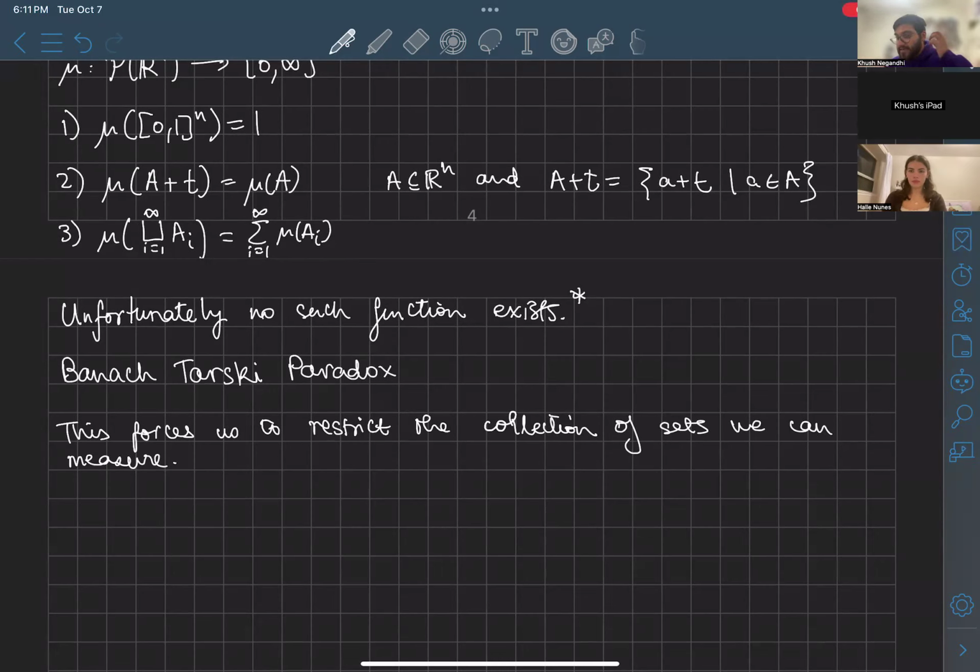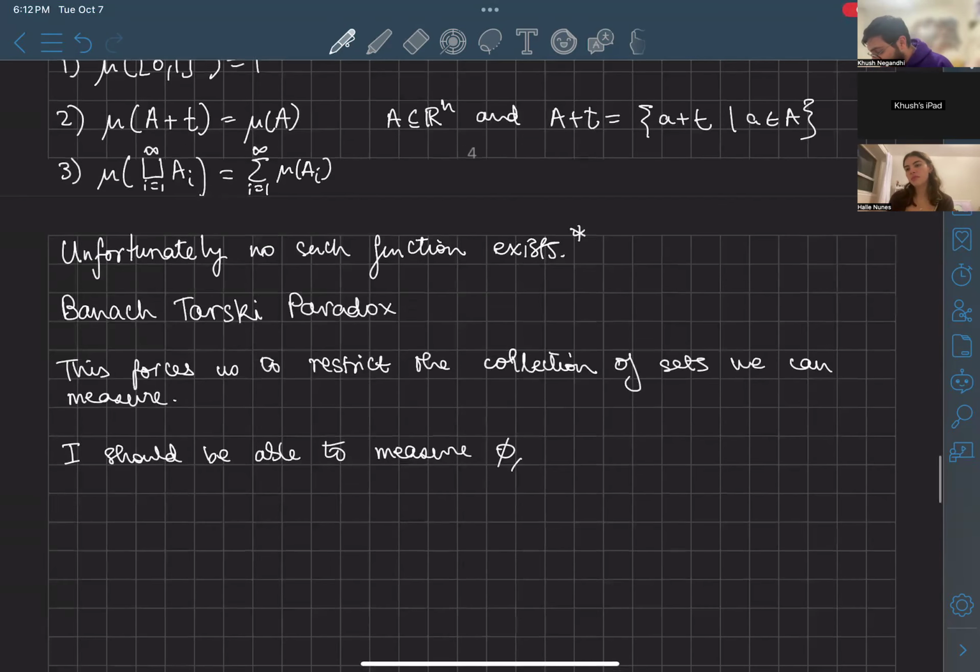I should be able to measure the empty set, and I should be able to measure the entire set as well. So now I've moved outside of the specific case of Rn.